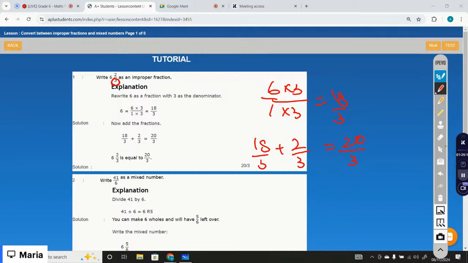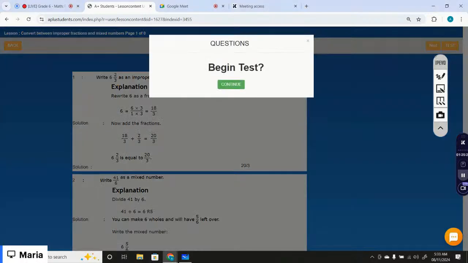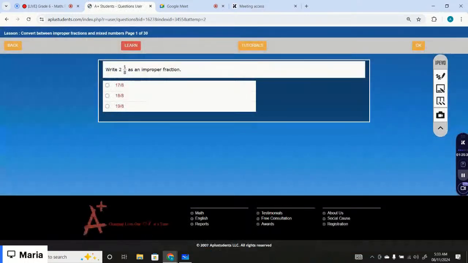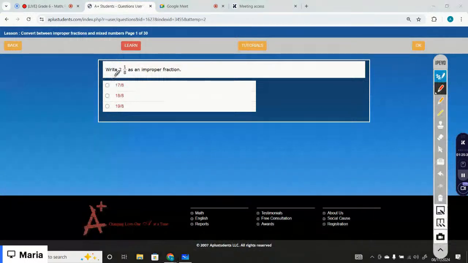Let's just start with the test questions, right? Write 2 whole 1 by 8 as an improper fraction. So just look at the whole number, that is 2. Write it as 2 by 1, right?